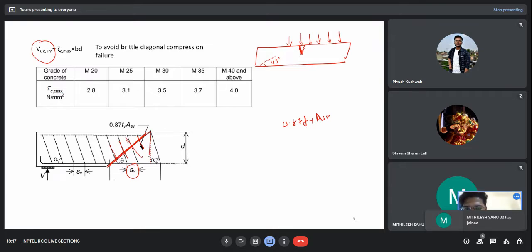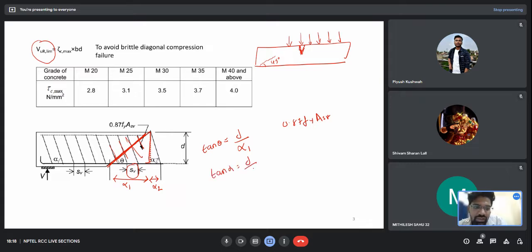Consider this triangle and look at the tan theta part. Tan theta will be d upon x1, where suppose this is x1 and this is x2. What is tan alpha?